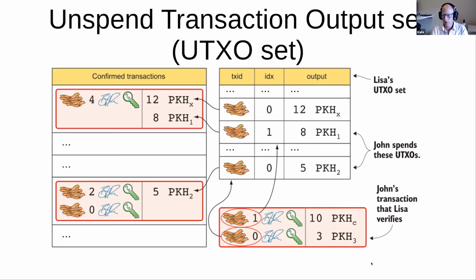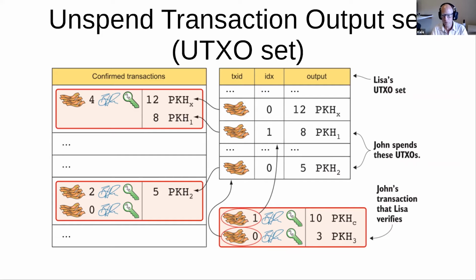So let's look at what Lisa sees here. When she gets John's transaction, she can look up these transaction IDs and indexes in the UTXO set to verify that John has the money to spend.